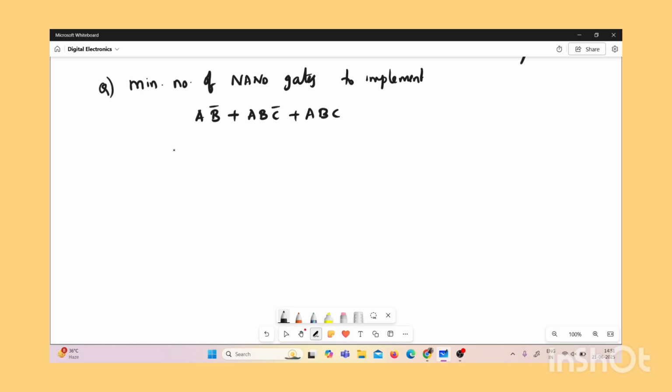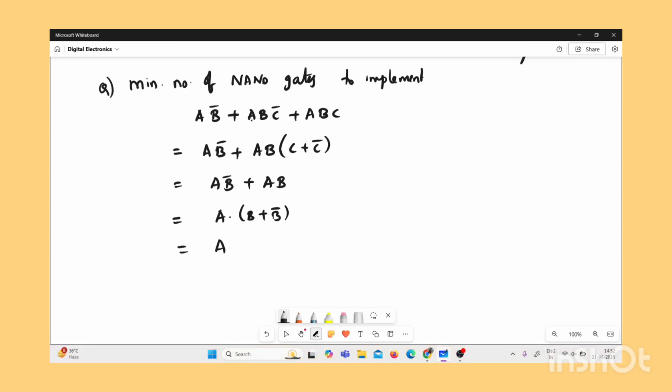First, let us simplify this expression using our known theorems. From the second and third terms, AB is common, so AB times C bar plus C. We can write C bar plus C is equal to 1. So AB, from these two terms, A is common, A dot B plus B bar, which is equal to A.